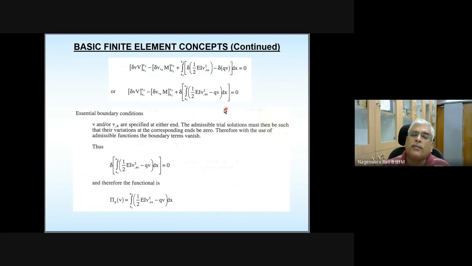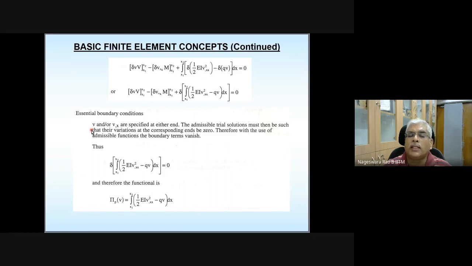So now to proceed further, in developing the equations, we need to assume some boundary conditions, essential boundary conditions. So we can try to understand the procedure for deriving the element equations, assuming that at both ends, that is at x1 and x2, transverse displacement as well as rotations are specified, so that we can eliminate these two terms.